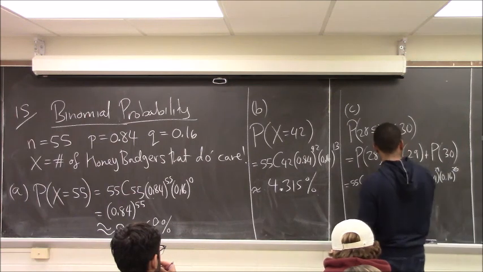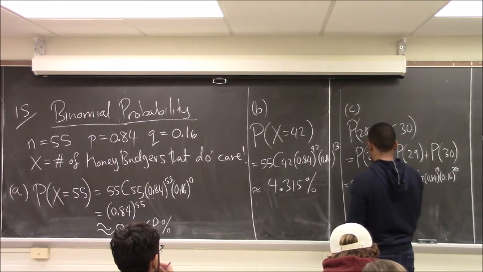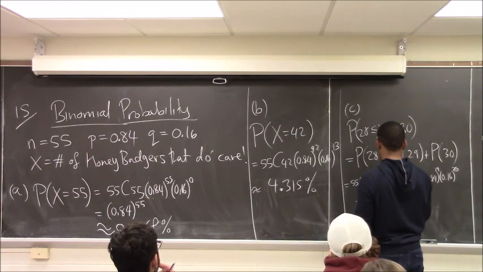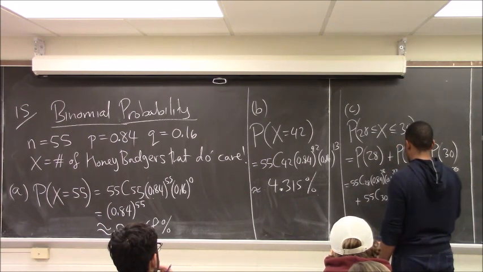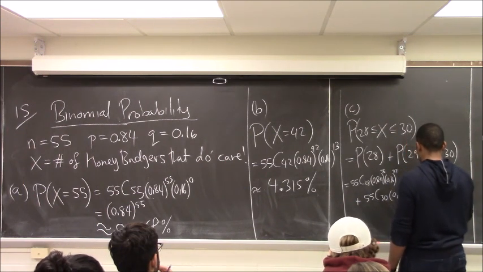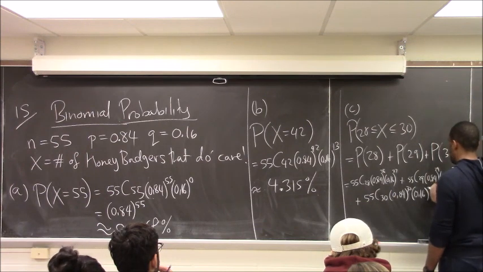One is going up while the other is going down. Plus 55 choose 30, 0.84 to the 30 times 0.16 to the 25.